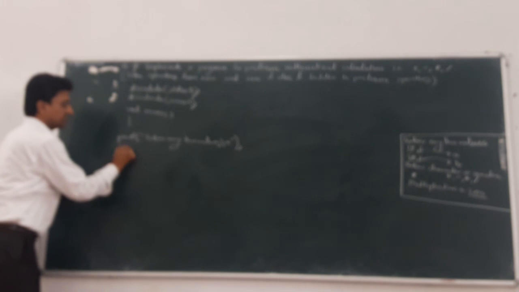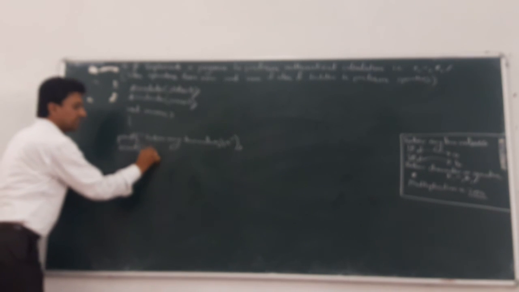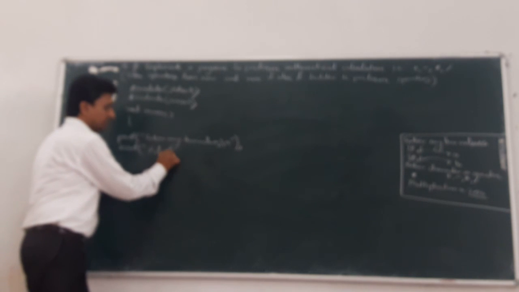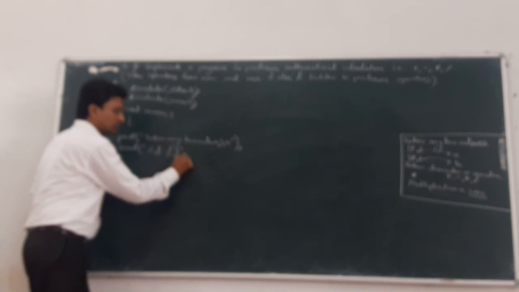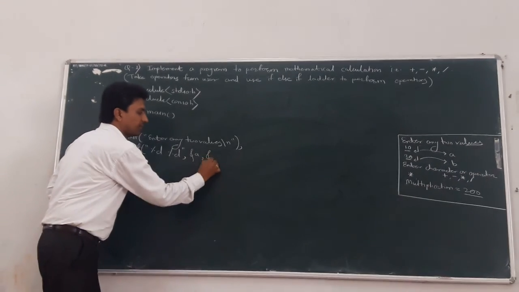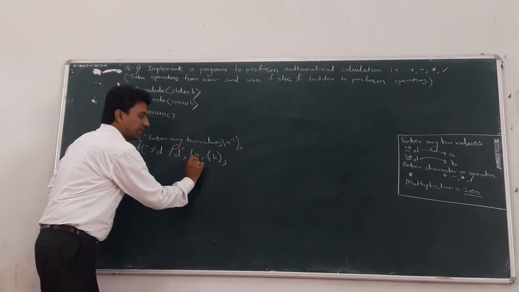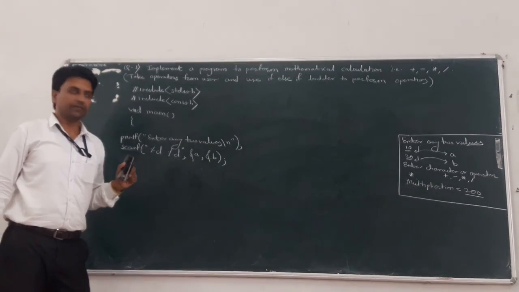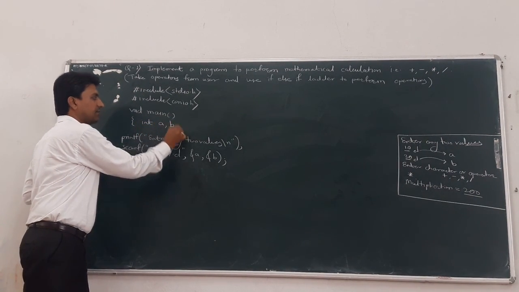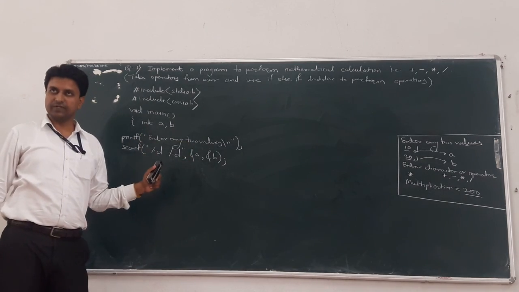After that, scanf, take these two values as integers, %d double quotes complete, comma, ampersand of a, comma, ampersand of b. Declare these two variables a and b at the first line of your main function, that is int a and b.